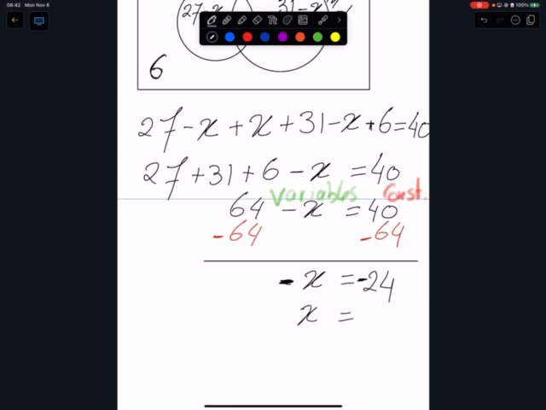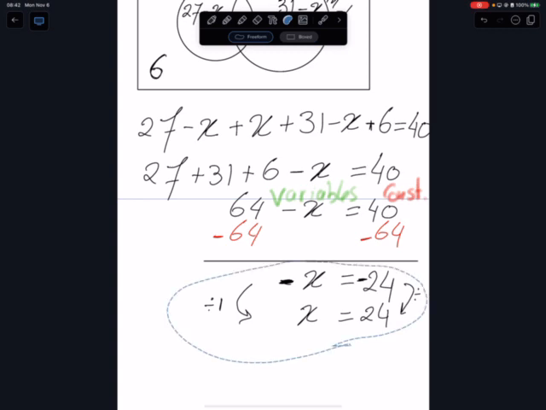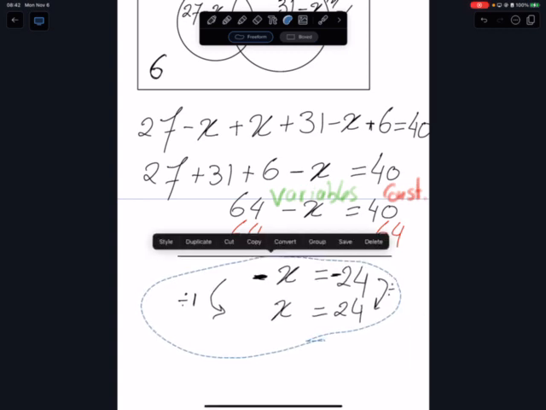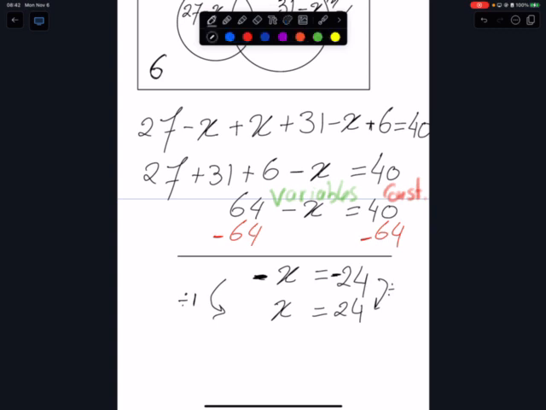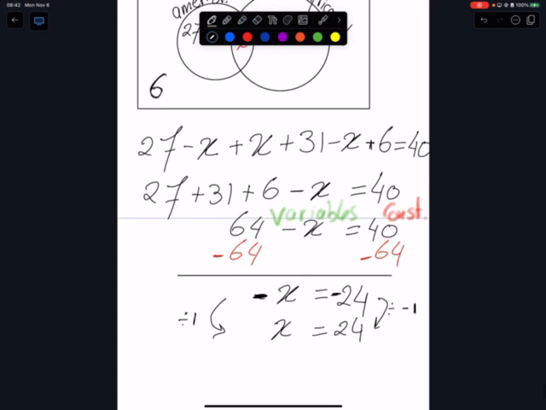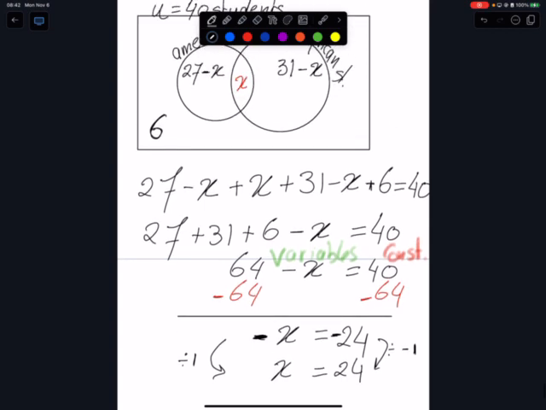So x equals 24 divided by -1. So x equals 24.